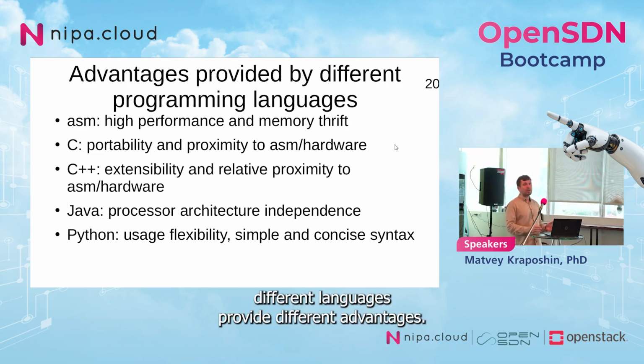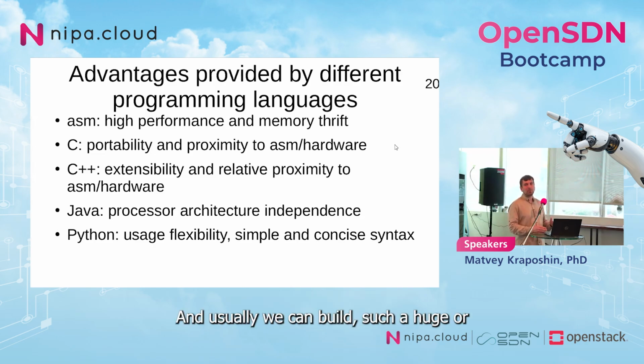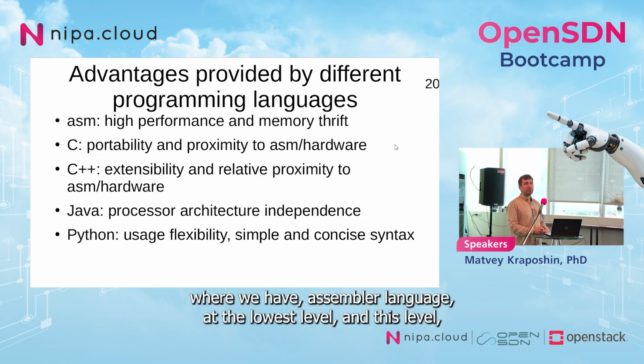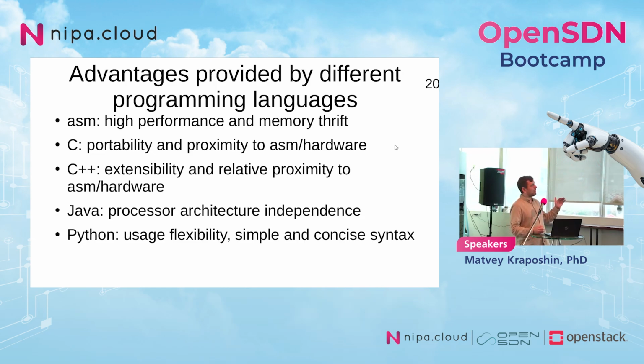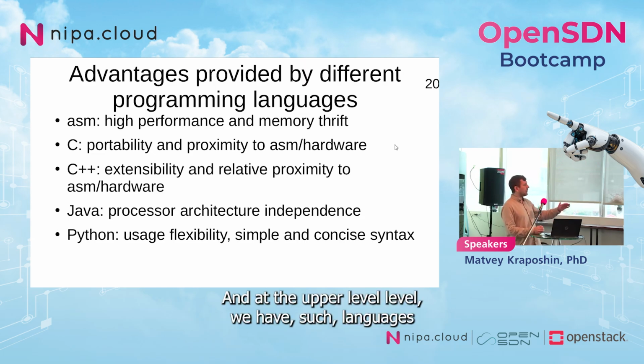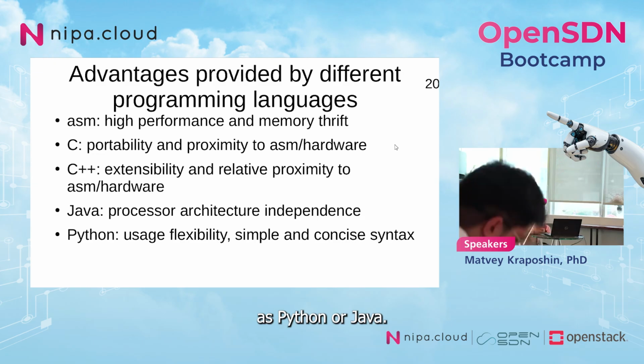As you know, different languages provide different advantages, and usually we can build such a hierarchy or ladder where we have assembler language at the lowest level, and this level provides the highest performance and best memory usage. And at the upper level, we have such languages as Python or Java.